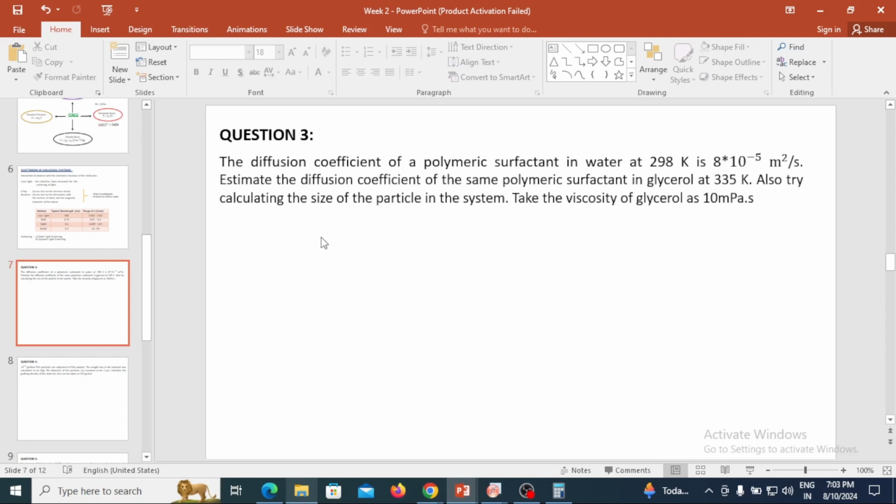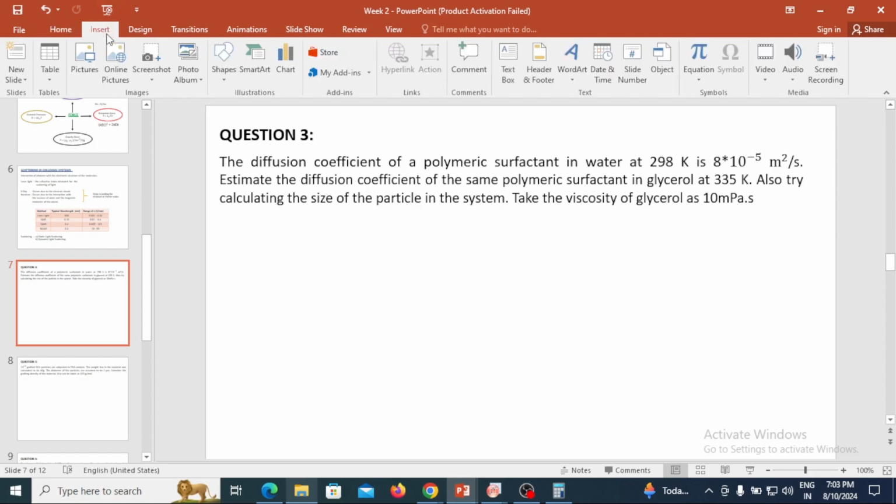This can be solved using the relationship that we saw previously, called the Stokes-Einstein relationship. So what is the Stokes-Einstein relationship?